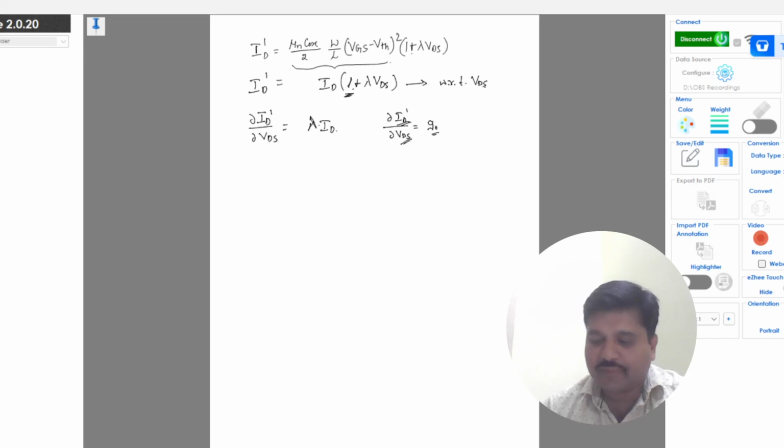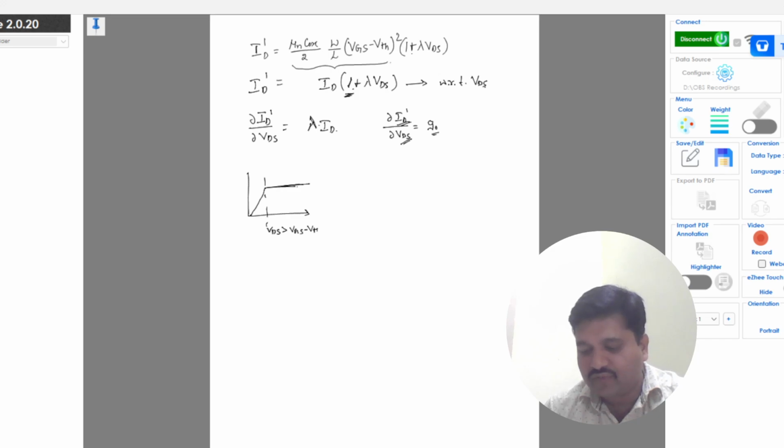It is represented by the channel length modulation, which you get after increasing VDS greater than VGS minus VTH.